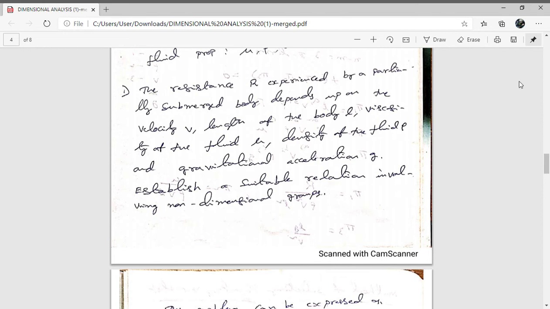So in this problem, it says the resistance of the body depends upon some parameters like velocity, length, viscosity, density, and gravitational acceleration. That means resistance is the dependent variable and all the remaining parameters are independent variables.